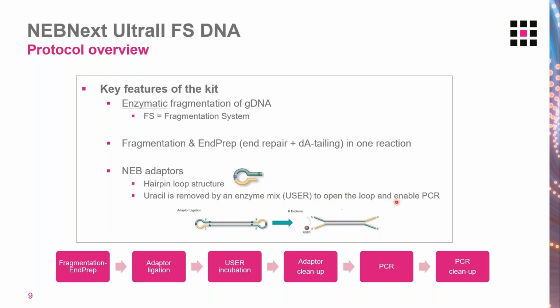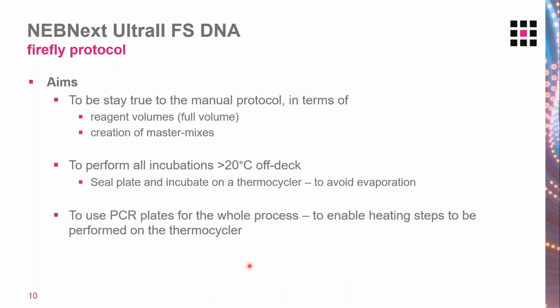This enables the library to subsequently undergo PCR. So a feature of this kit is this addition and incubation with this USER enzyme. This step isn't always present in other library protocols, so I wanted to make you aware of that.